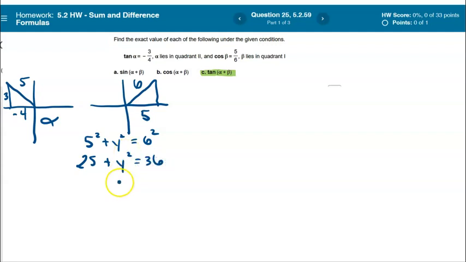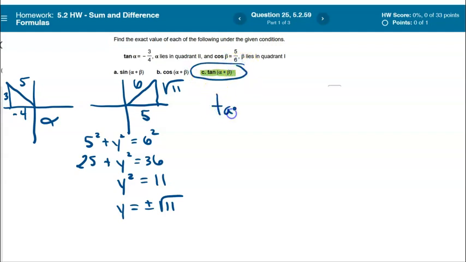When I solve for y squared, I subtract 25 from both sides to get 11, and then I take the square root of both sides to get plus or minus the square root of 11. And depending on what quadrant we're in, we know to use either the positive or the negative. Well, since I'm in quadrant 1 and y values are positive in quadrant 1, that is the square root of 11. So now I'm ready to use the formula for tangent of alpha plus beta.